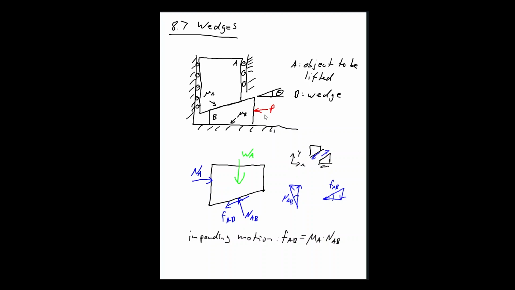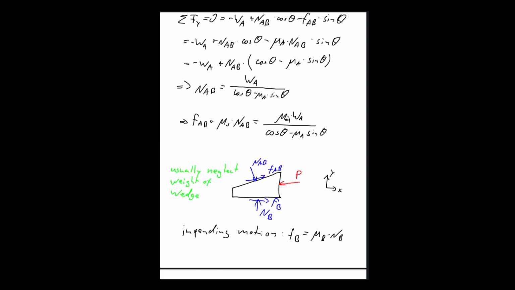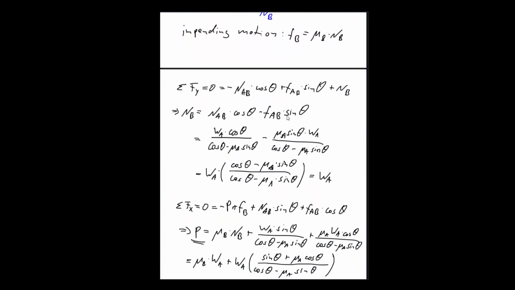So that's the idea of self-locking. Now, if I want to find out if it's self-locking or not, I can go through all this exercise, and if for this scenario where I'm pushing against the block, the value comes out to be negative, then I know that to actually get impending motion, I would have to move in the other direction. That will allow us to check if it's self-locking or not.